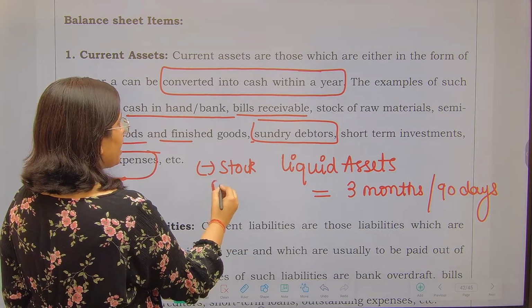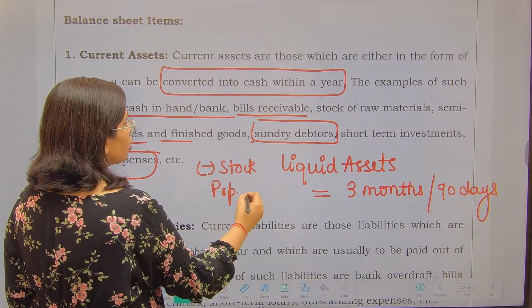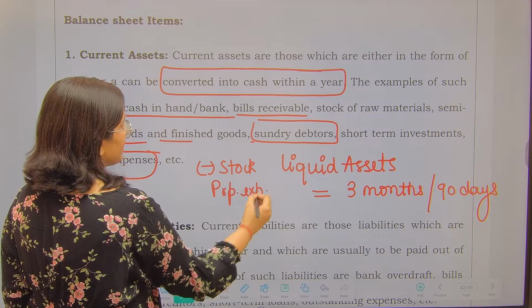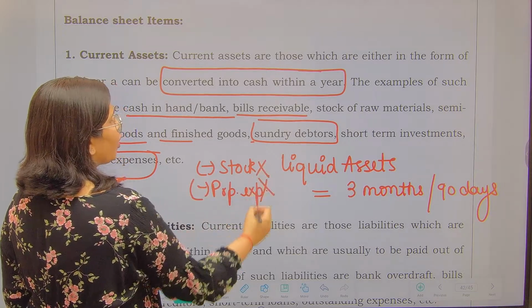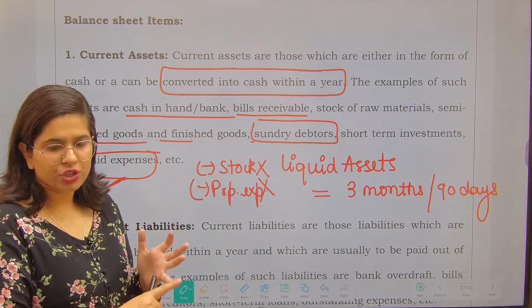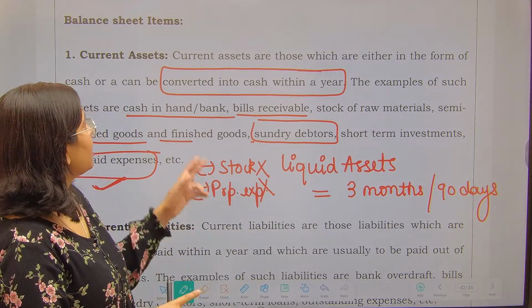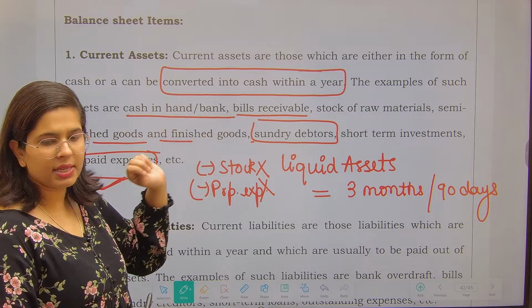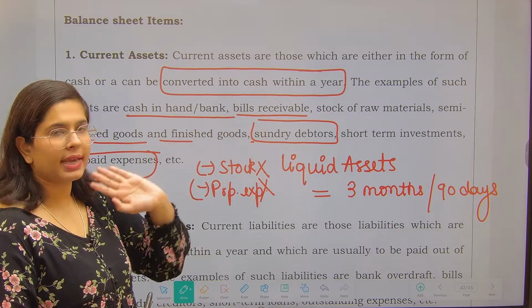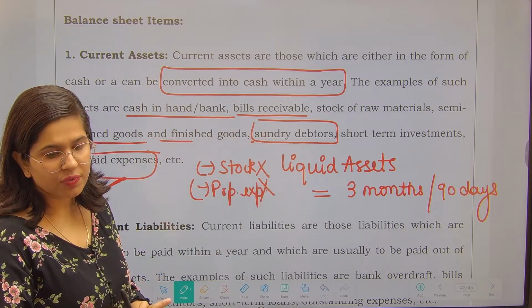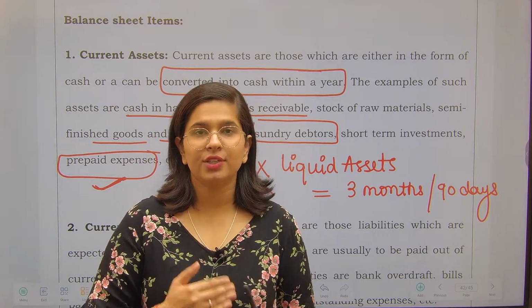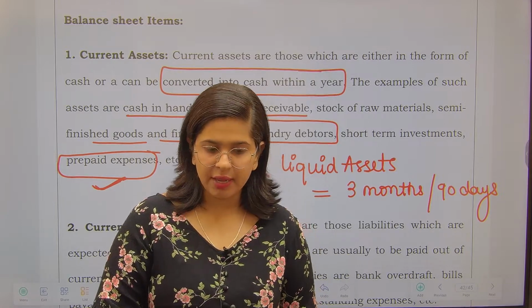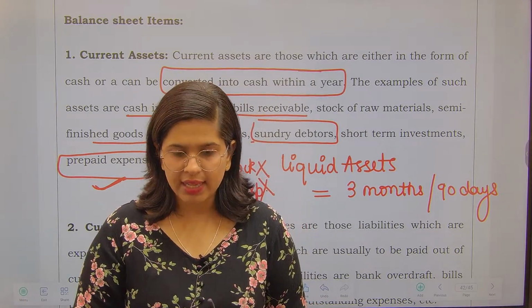At the same time, prepaid expenses are also not considered as liquid assets. So ये दोनों ही liquid assets नहीं है. Apart from that, your cash, short-term investments, as well as your bills receivable, sundry debtors, they are all taken as liquid assets, because we assume that stock cannot be converted into cash within a period of 3 months. So this is the assumption that has been taken.